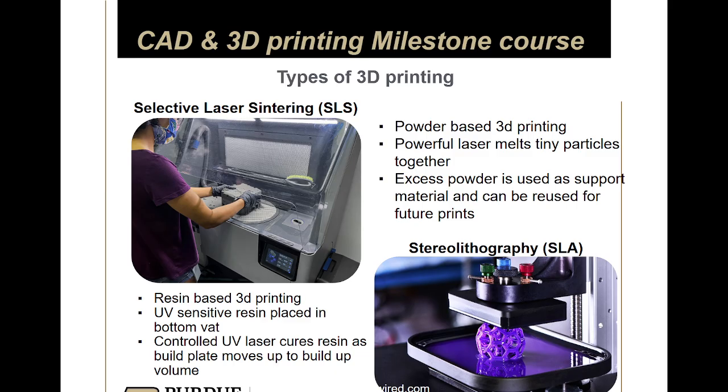You lay a very thin layer of it, and then you use a laser to sinter it. You have one layer, you cover it with more powder, shoot more lasers at it, and you do it over and over again until you have your part. So SLS is pretty cool, but typically it's not something that someone's going to have in their bedroom or their garage. So I'm not going to talk about it too much, but it's pretty awesome.